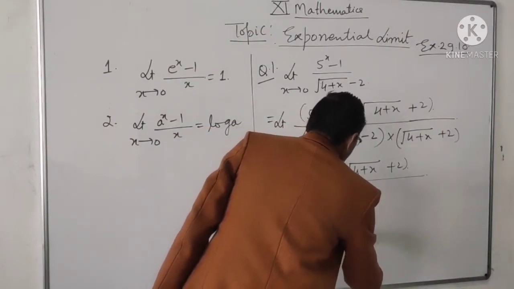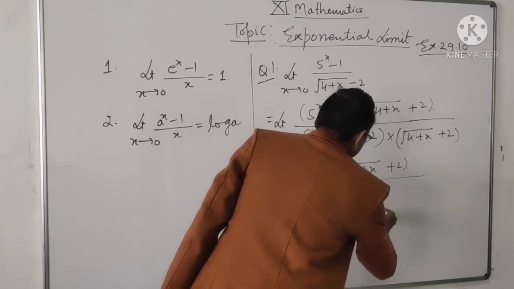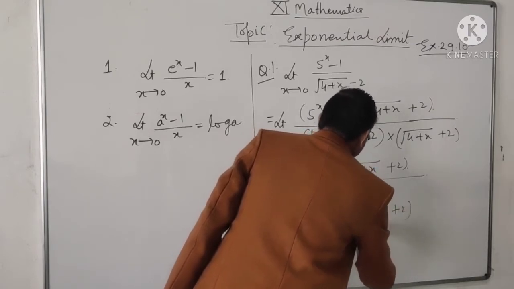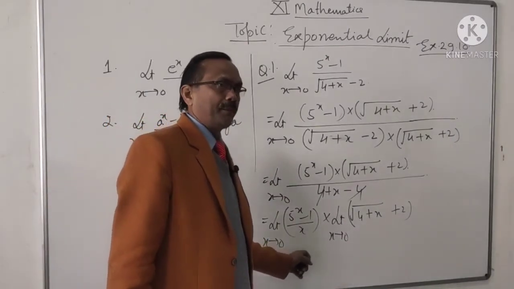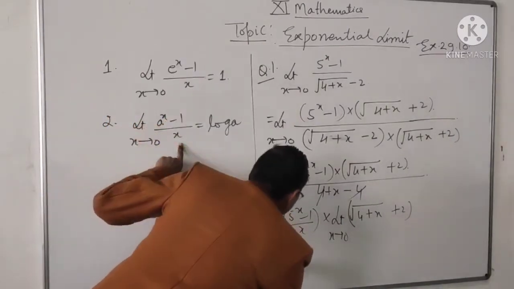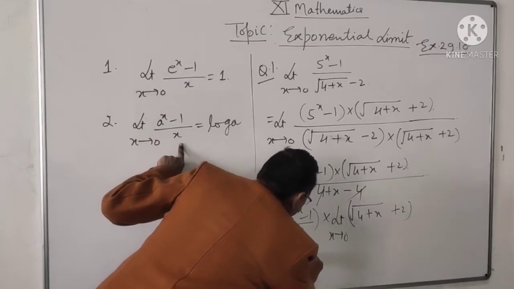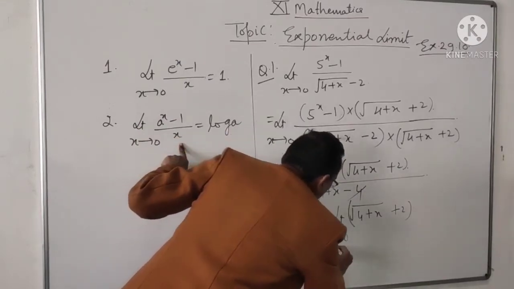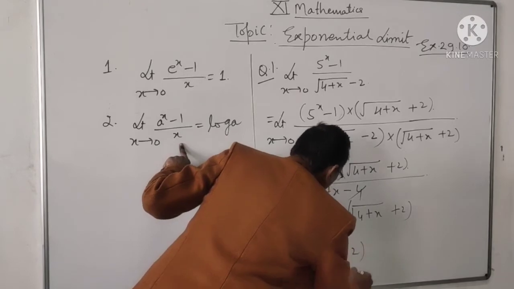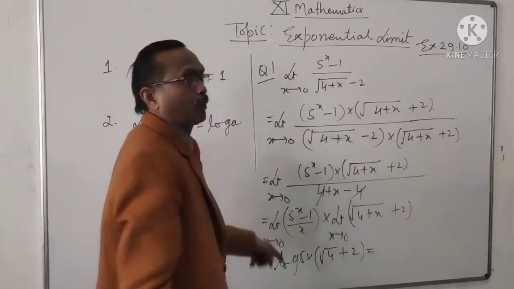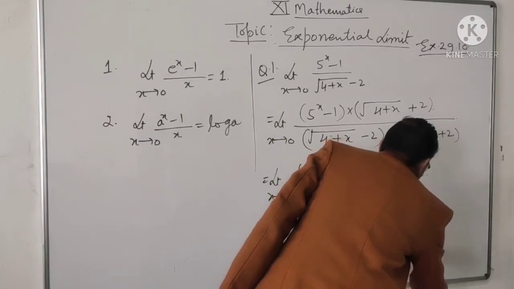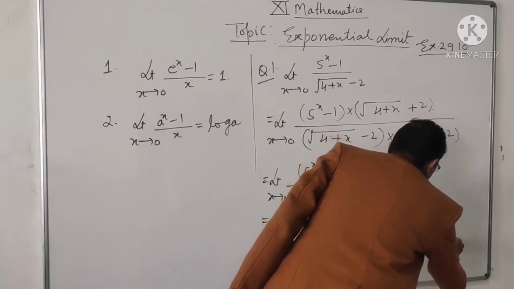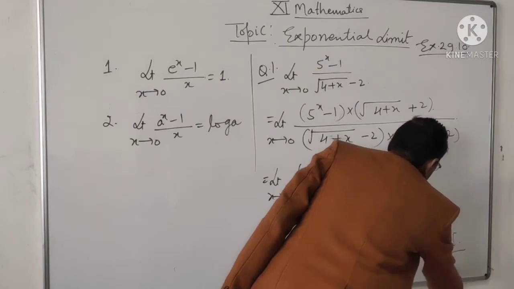Students, it is log 5. According to this limit, it is log 5 into root 4 plus 2, or 2 plus 2. It is log 5 into 4. It is 4 log 5.